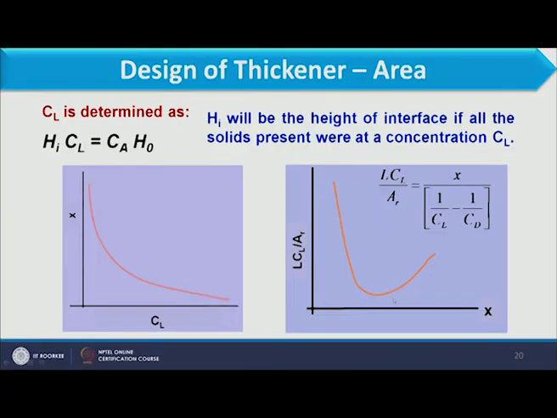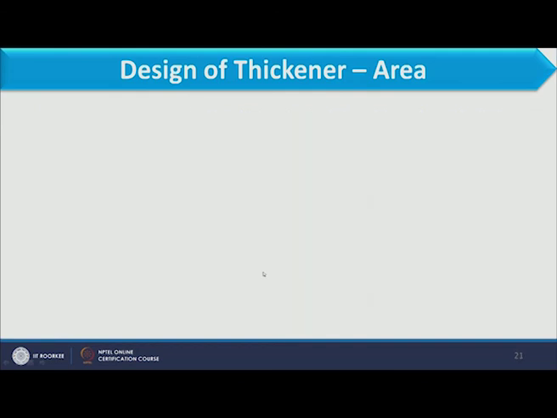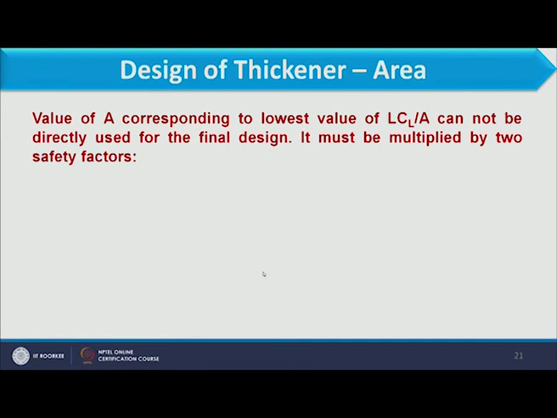Once we have drawn this curve, the bottommost point will give the minimum value of LCl by AR. Now once I have the minimum value of LCl by AR, from this we can find the maximum value of AR, that is the cross sectional area.